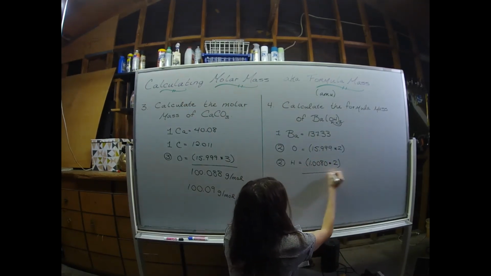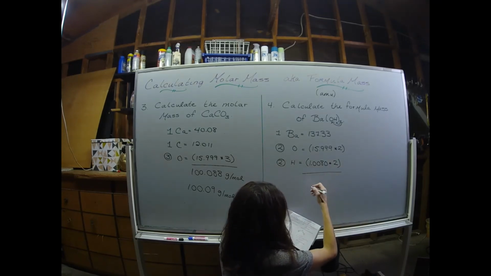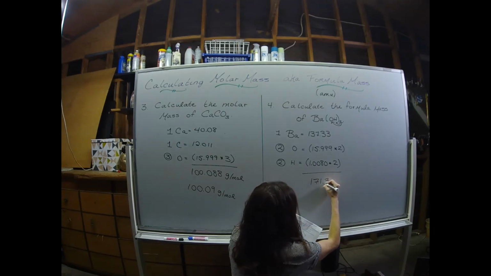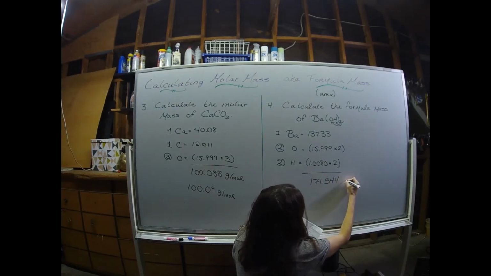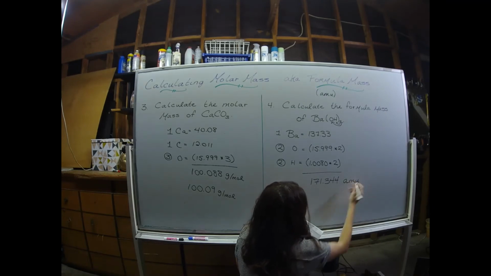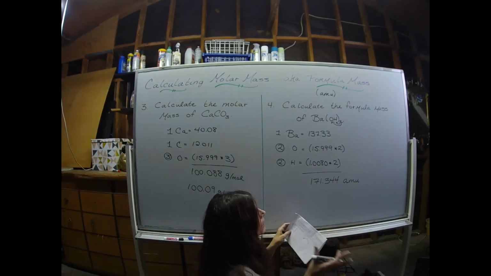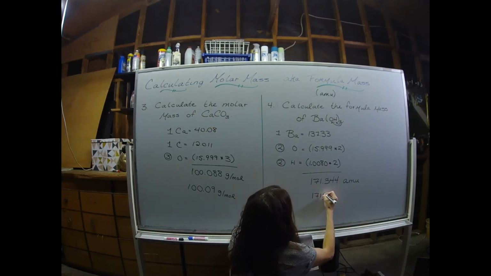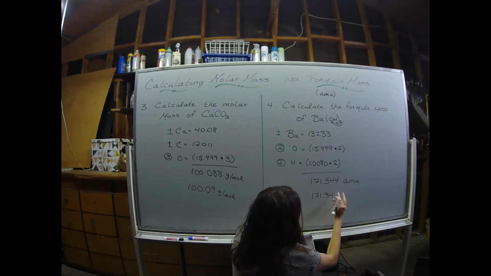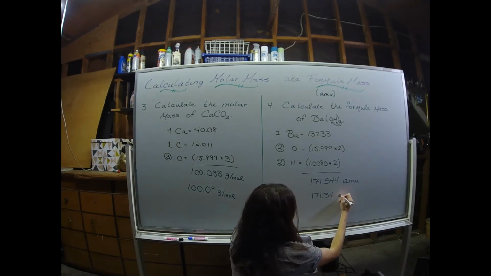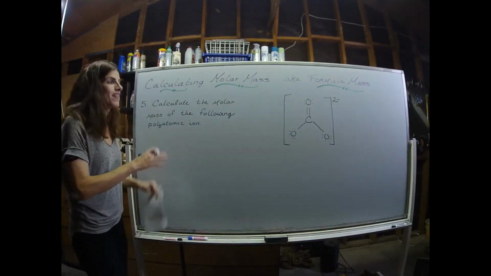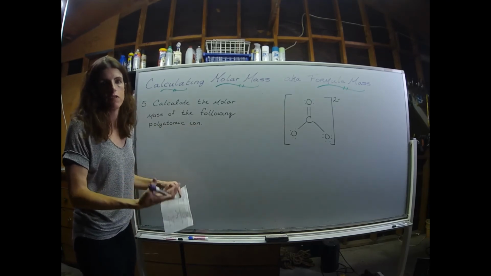And when I put all of that into my calculator, I got 171.344, and that has units of AMU. If I need a final answer, I'm going to round it to 2 decimal places because of the barium. So I would do 171.34 AMU.